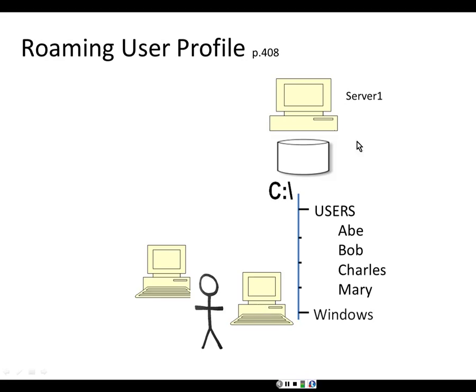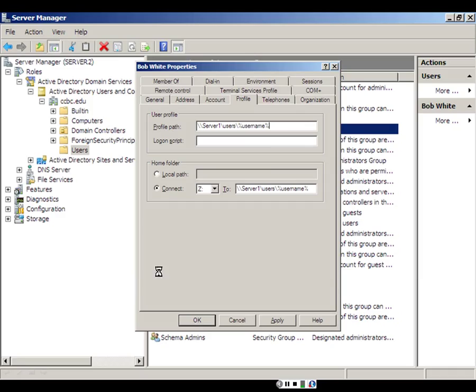When the profile is saved up to the hard disk on the server, they call that, page 408, a roaming user profile. A roaming user profile is a profile which is stored on the server, and it allows the user to roam from one workstation to the next.